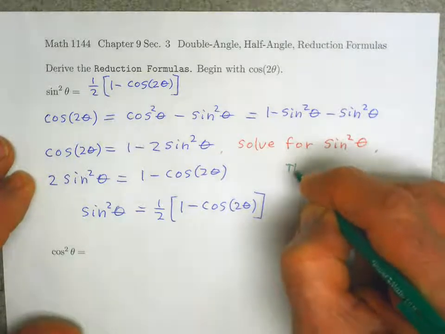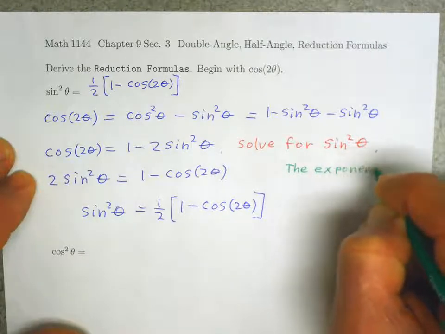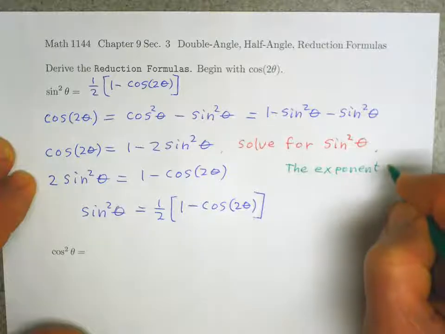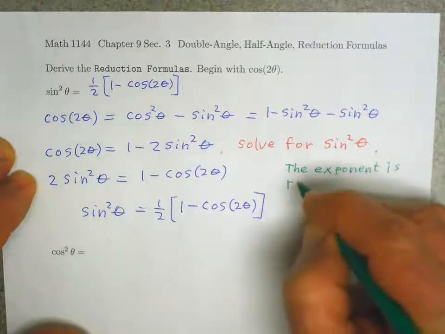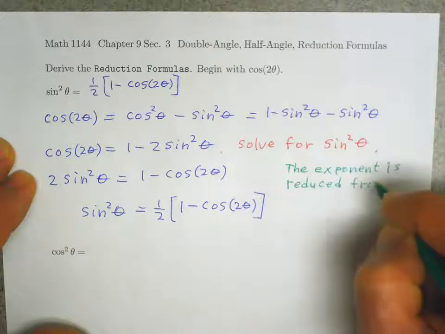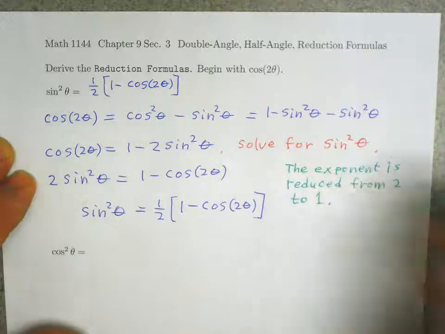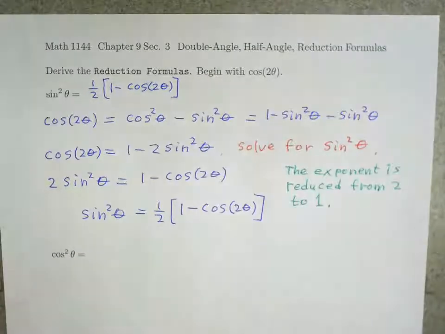The largest exponent is reduced from 2 to 1. Hence the term reduction formula.